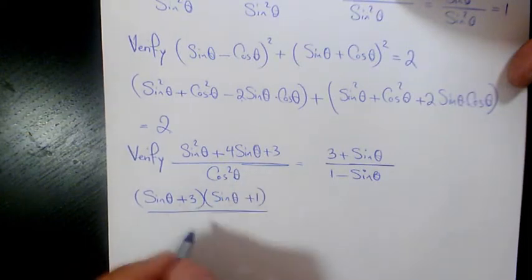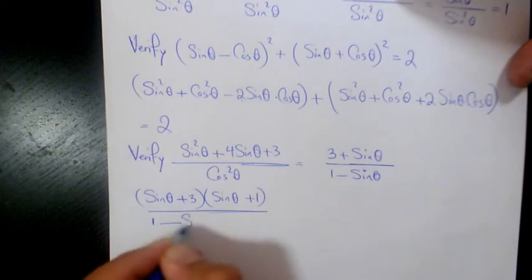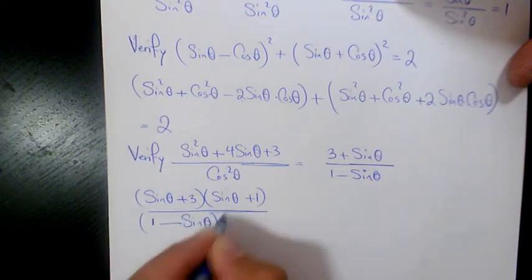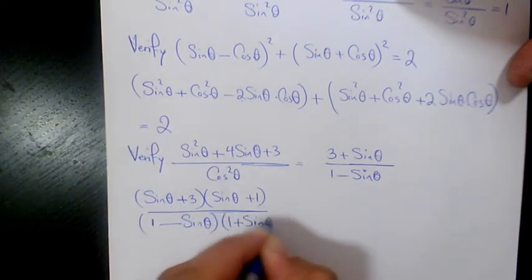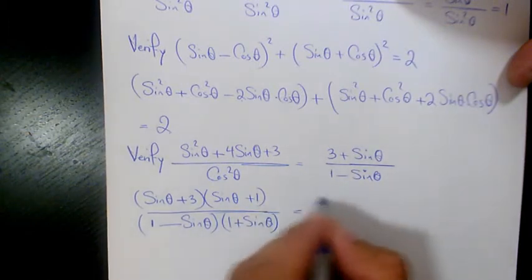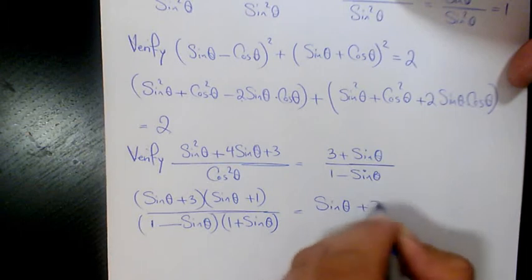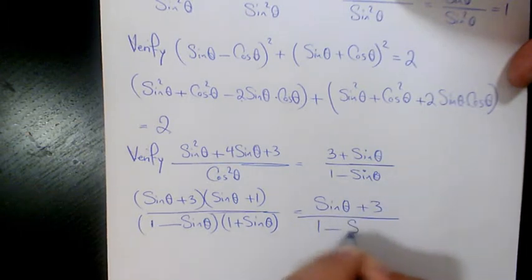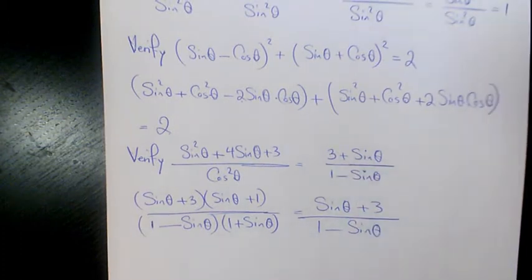And 1 minus sine squared theta is going to be 1 minus sine theta times 1 plus sine theta. Then these two cancel out, and we have sine theta plus 3 over 1 minus sine theta. And as you see here, that's exactly what we have on the right hand side of this equation.